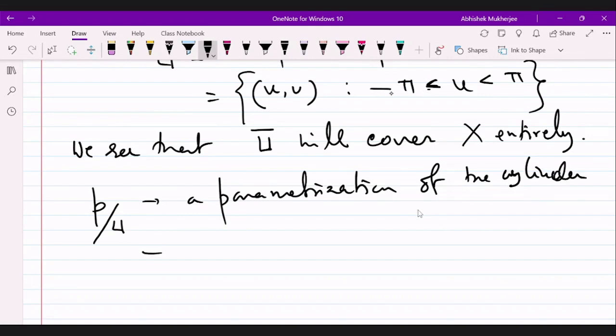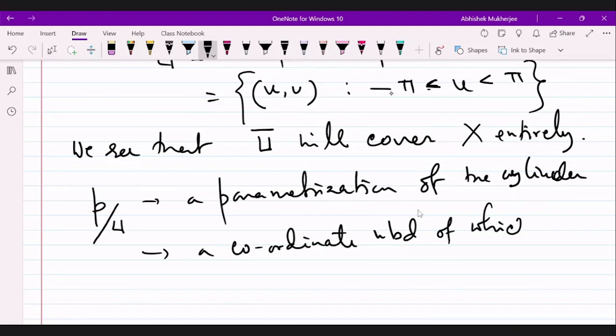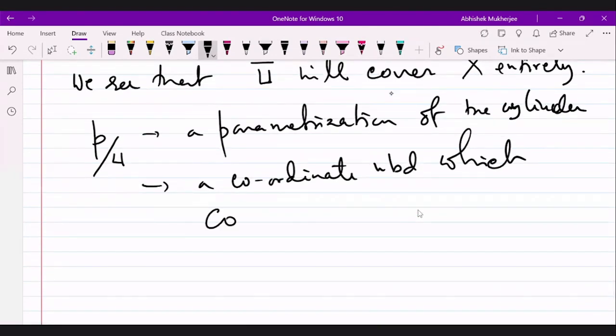That means it is a coordinate neighborhood which covers that x minus a generator.